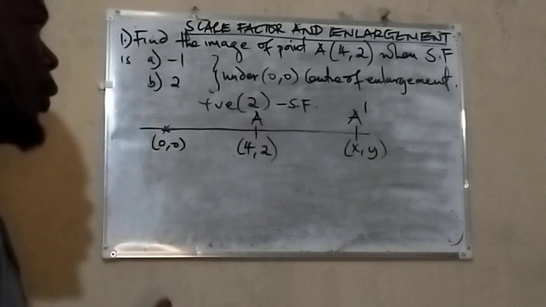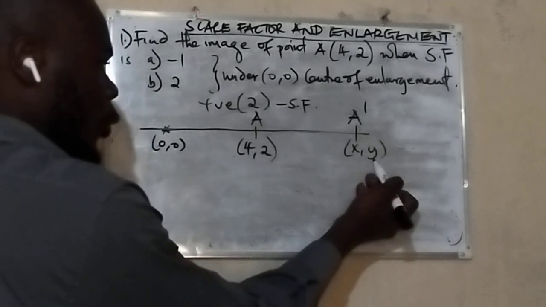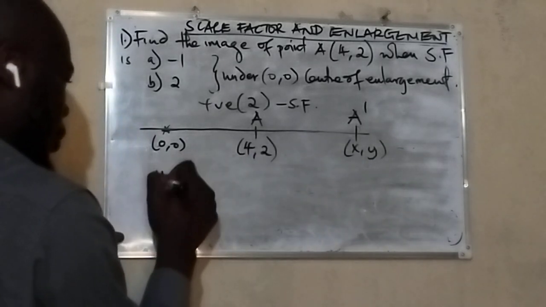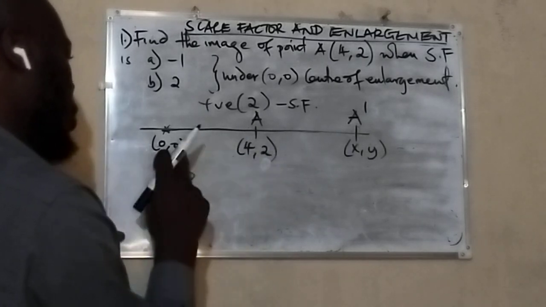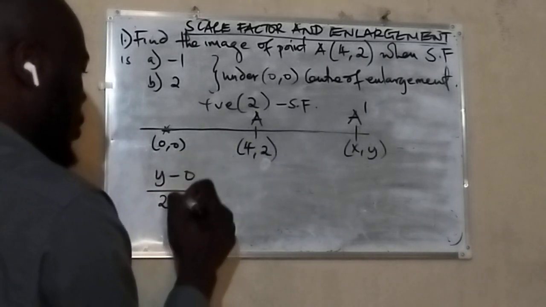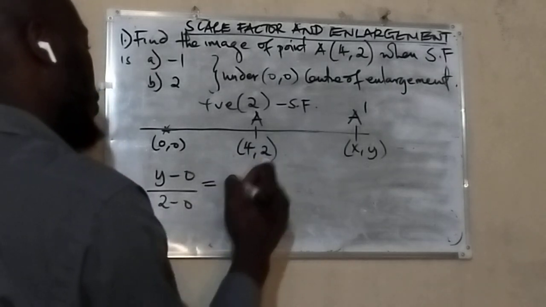So we deal first of all with the y coordinates and then the x coordinates. For the y coordinates, y minus 0 over, again here the y is 2 minus 0, it will give you 2.